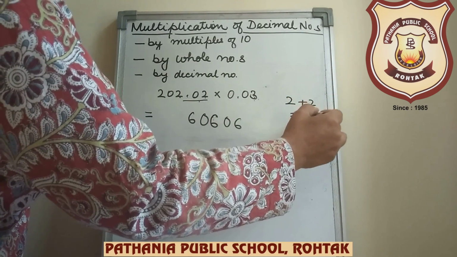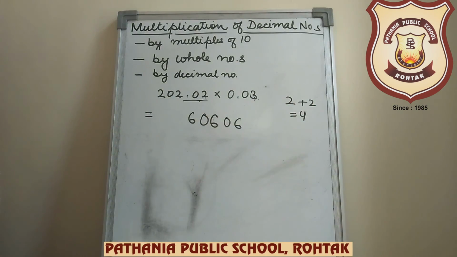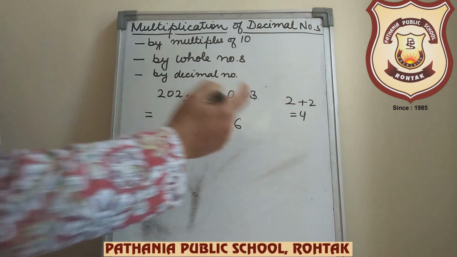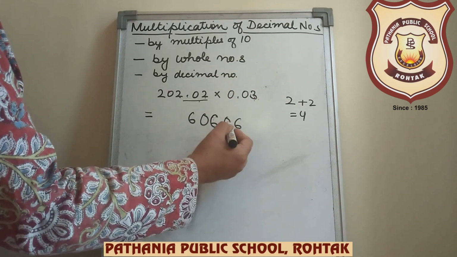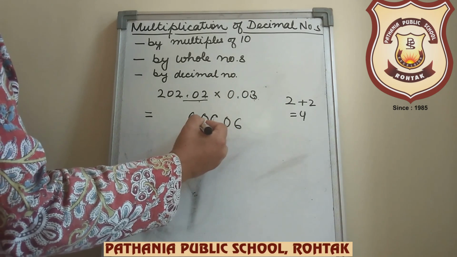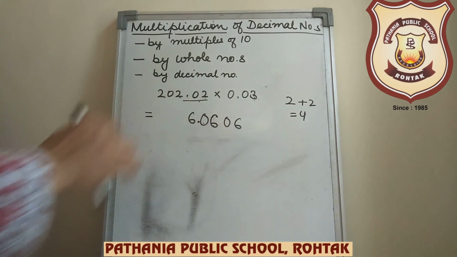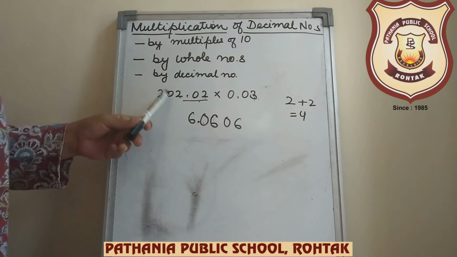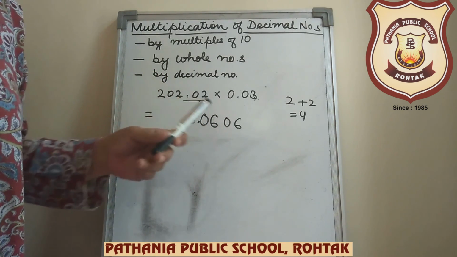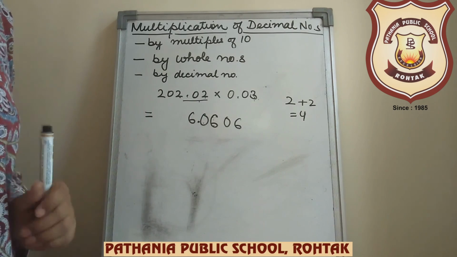So total digits after the decimal are 4. Okay. So you are going to count from the 1's place, 1, 2, 3, 4 and put the decimal here. In this manner you are going to multiply a decimal number by a decimal number.